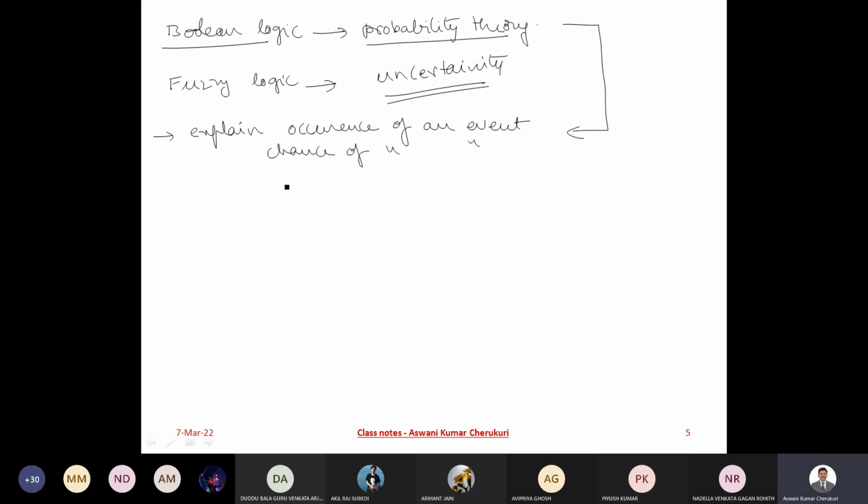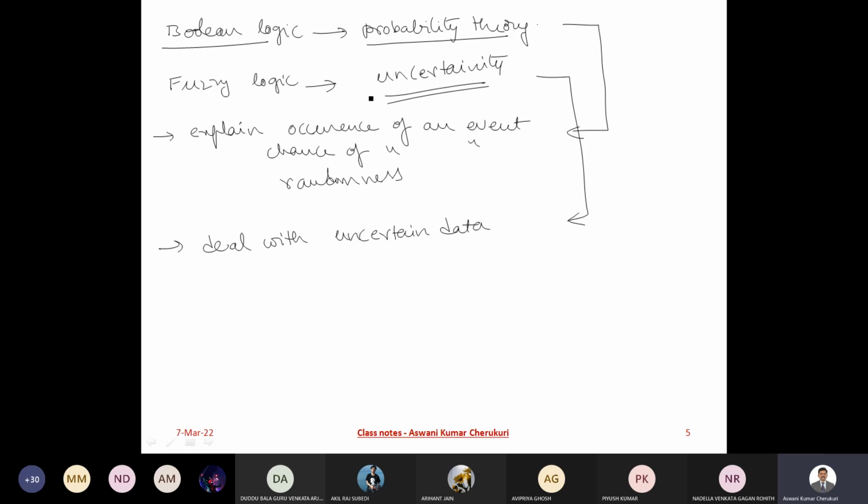And it also deals with a lot of randomness, right? Whereas fuzzy logic is different in terms of handling things. Fuzzy logic does not deal with the occurrence of an event. Fuzzy logic deals with uncertain data.